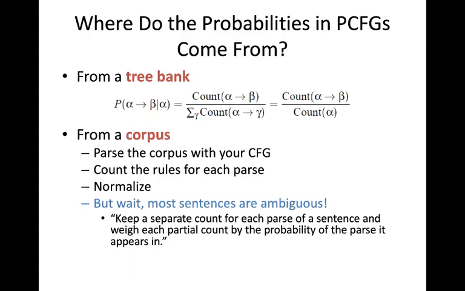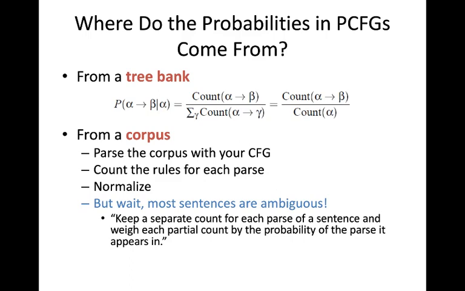Well, what if you want to get them from someplace other than a Treebank? Well, you can do it, although it's more complicated. You can parse the corpus with a context-free grammar, and then count the rules for each parse, and then normalize.